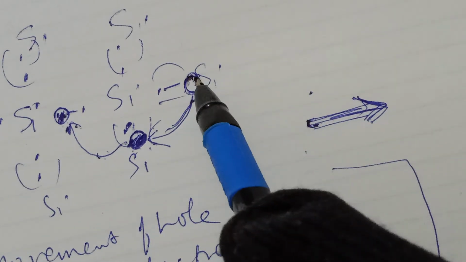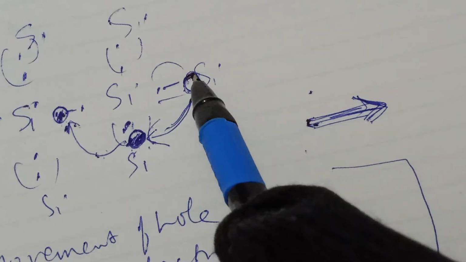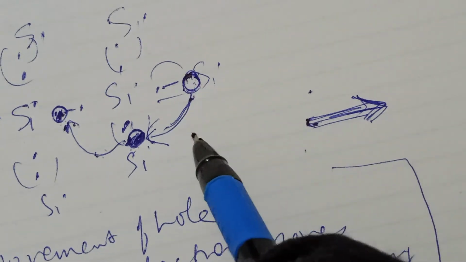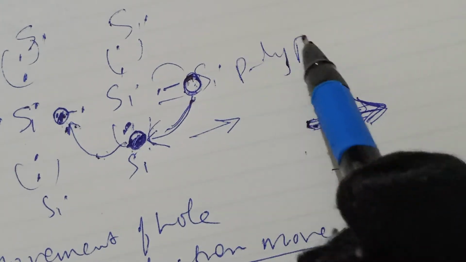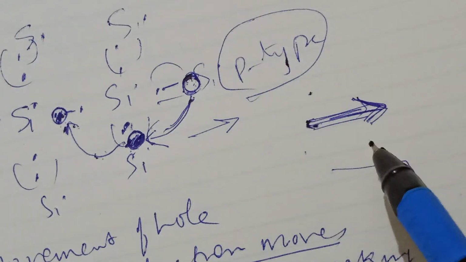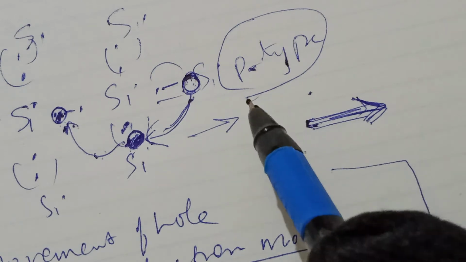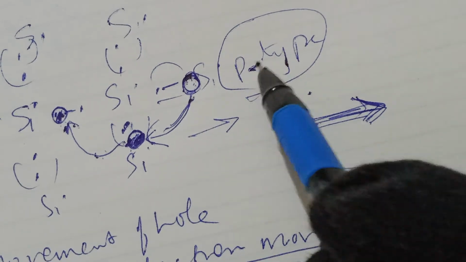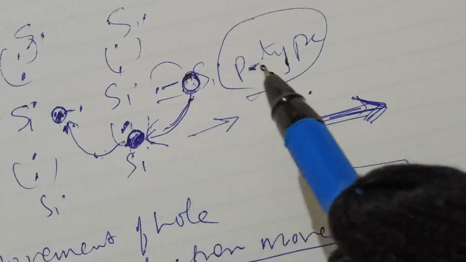When in a semiconductor material the number of holes available is larger, then this type of semiconductor material is called p-type semiconductor material. And when a large number of free electrons are available, then that type of semiconductor material is called n-type semiconductor material.